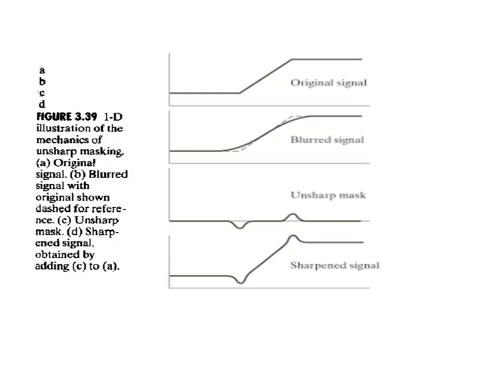Figure C is the unsharp mask, obtained by subtracting the blurred signal from the original. By comparing this result with the section of figure C corresponding to the ramp in figure A, we see that the unsharp mask in figure C is very similar to what we would obtain using a second-order derivative, while figure D is the final sharpened result obtained by adding the mask to the original signal.